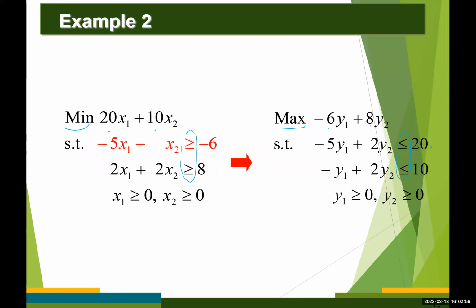And here, the constraint coefficient matrix is -5, -1, 2, 2, right? That's the matrix A. Then here, we are going to have the A transpose matrix. So that's going to be -5, 2, -1, 2. That's why we have -5, 2, -1, 2, right?